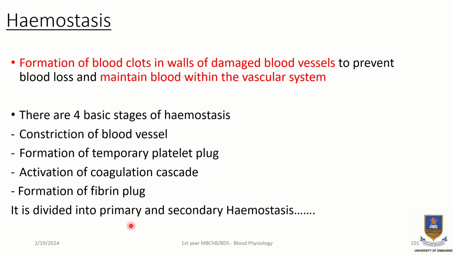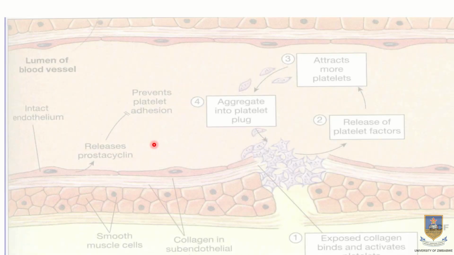That is, primary hemostasis is the initial response, secondary hemostasis is the secondary response, right, which is dependent upon clotting factors, and it will lead to activation of coagulation cascade and formation of a fibrin plug.